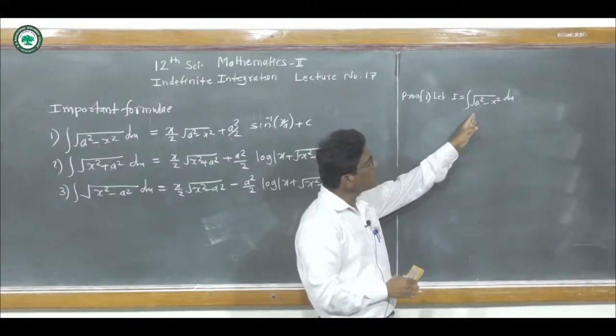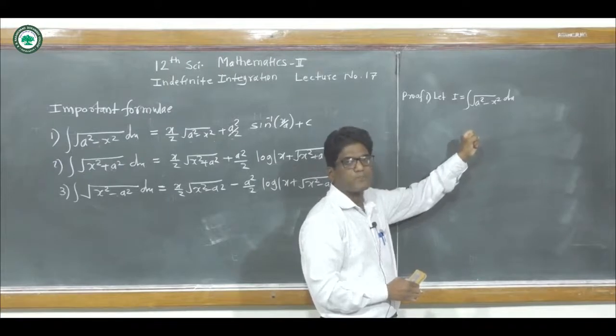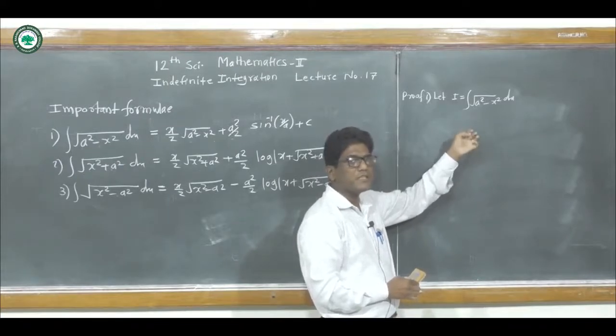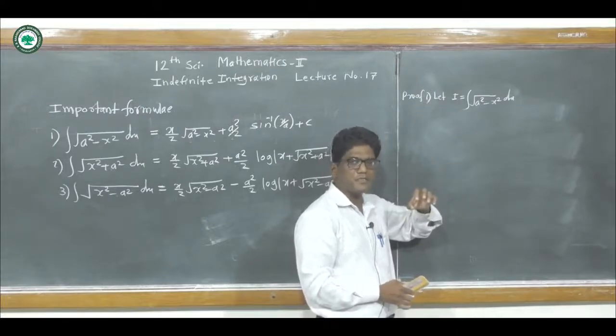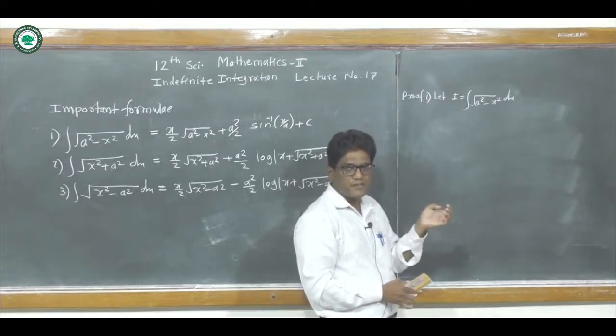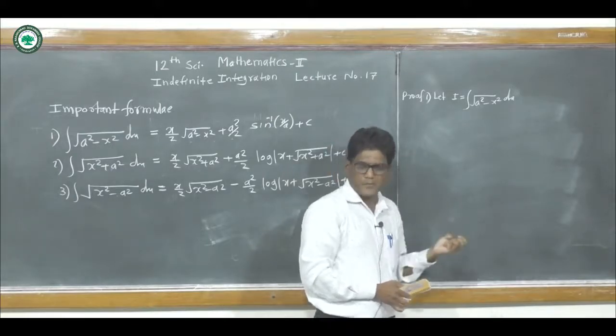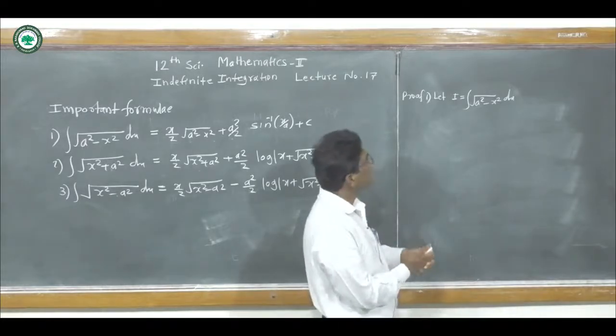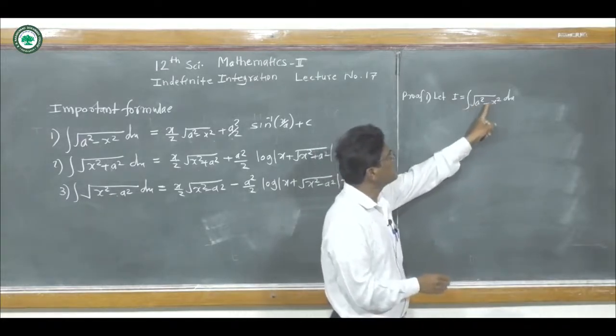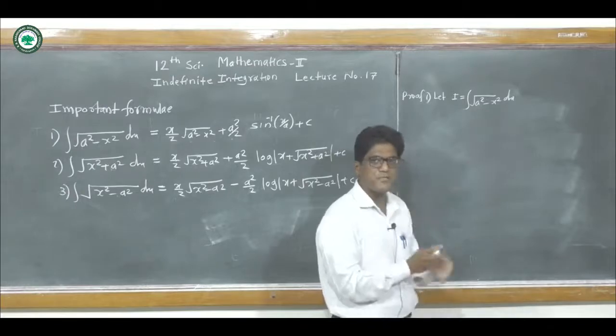So we cannot take directly the integration of this. We have to use here integration by parts. And when we use the integration by parts, we must have the product of two functions, and here only one function is present, that is root of a square minus x square.